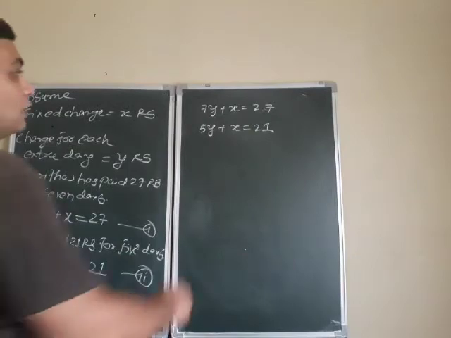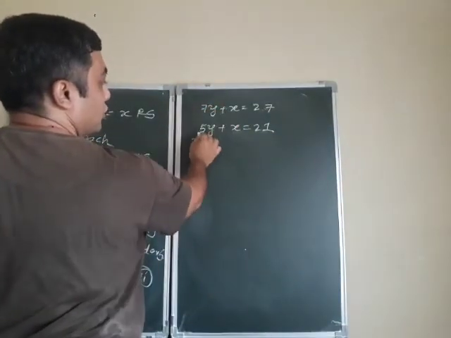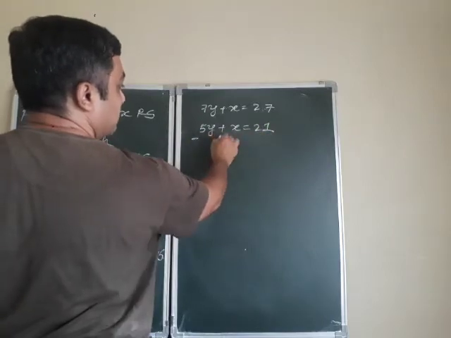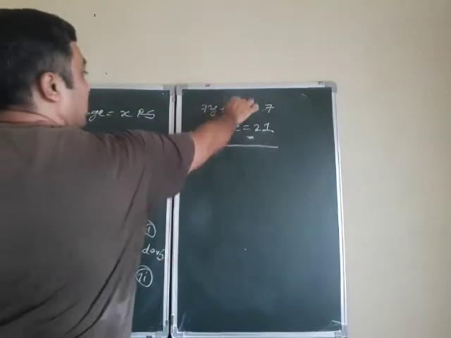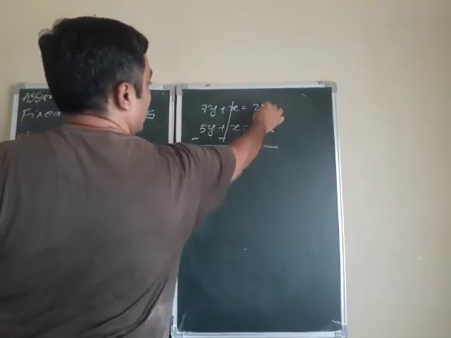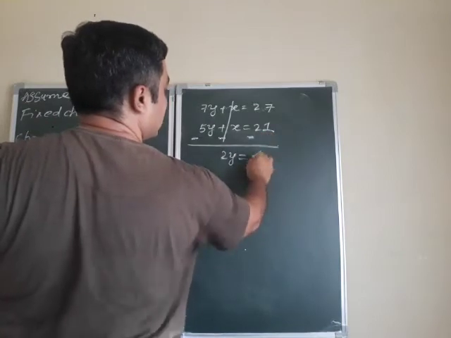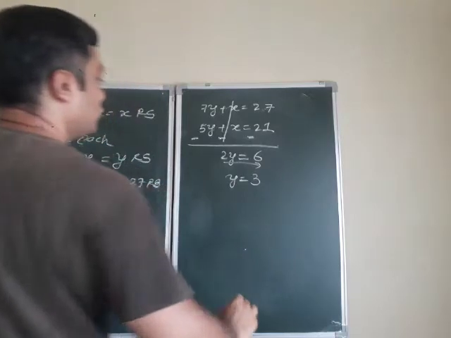Now both coefficients are the same, so I am just subtracting the second equation from the first. So all terms change sign. Plus x minus x cancel. 7y minus 5y is 2y. 27 minus 21 is 6. So y is equal to 6 by 2, and that is equal to 3.